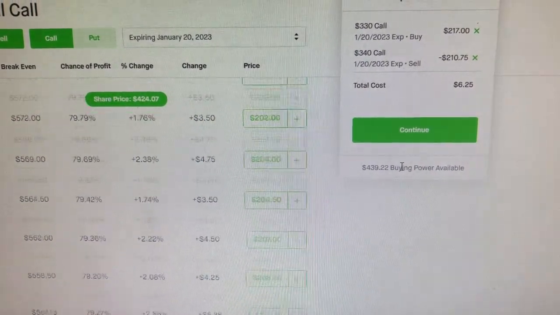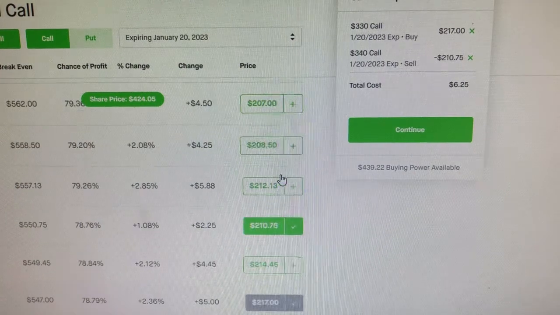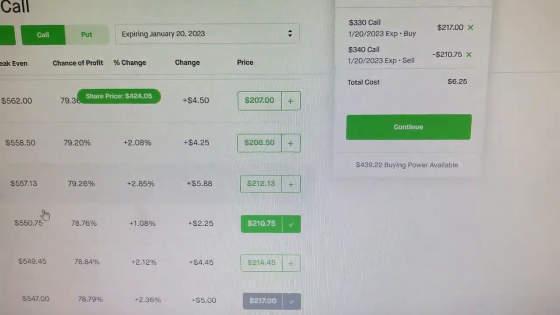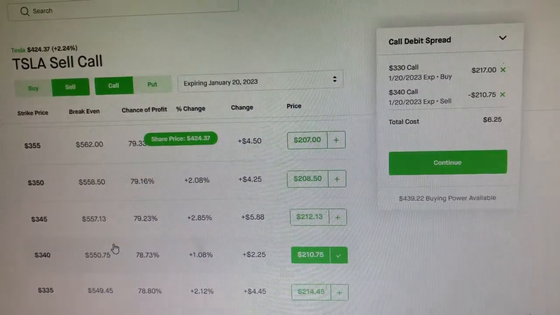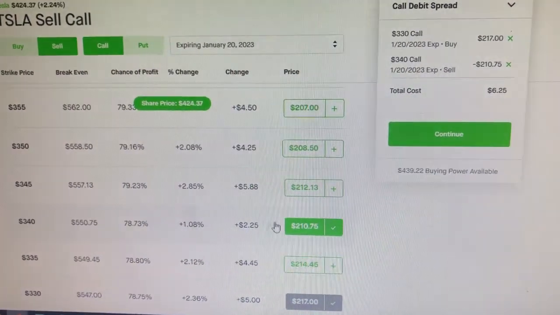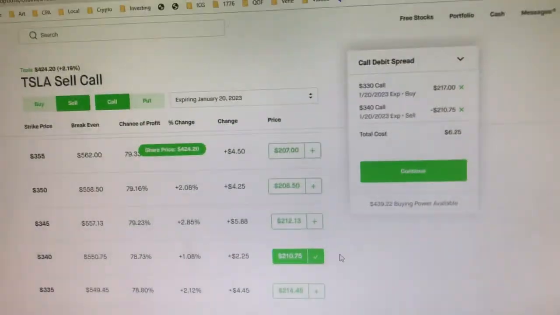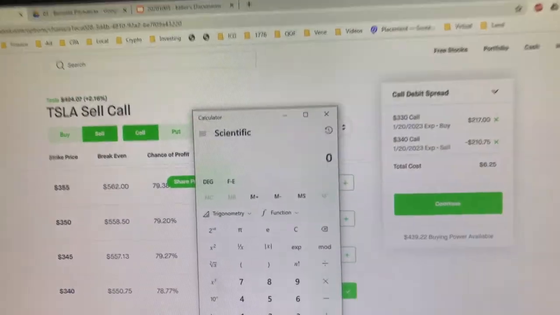So I would get about a 50% return after the course of 3 years if Tesla stays above 340. It's currently at 420, as you see. So if Tesla stayed above 340, I would get about 50% return after 3 years, which for a lot of people is frankly quite phenomenal.